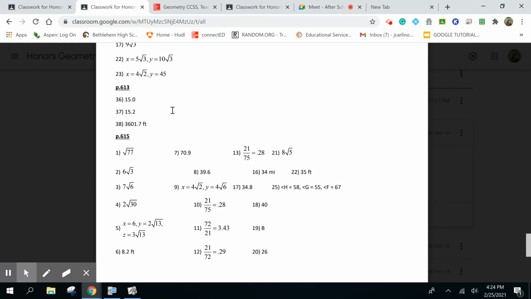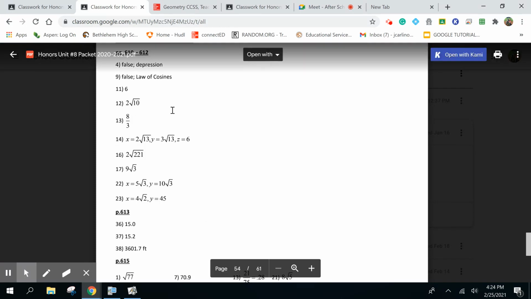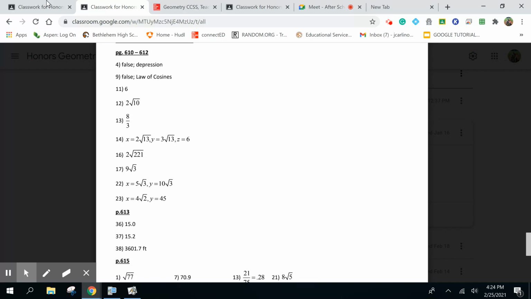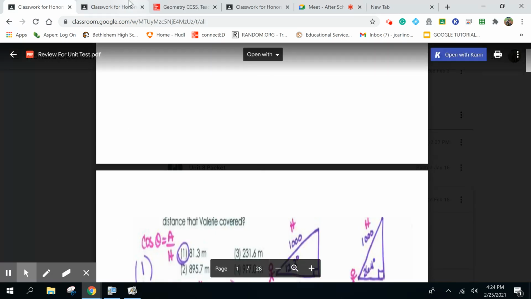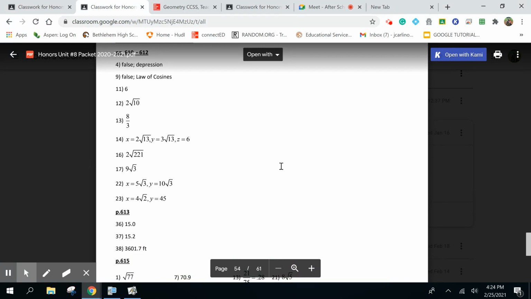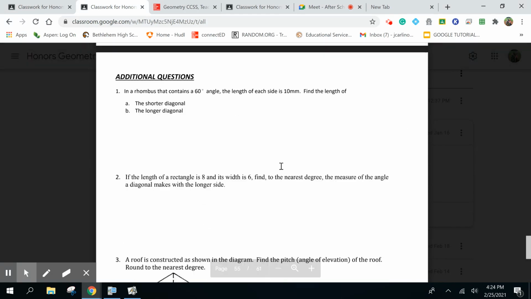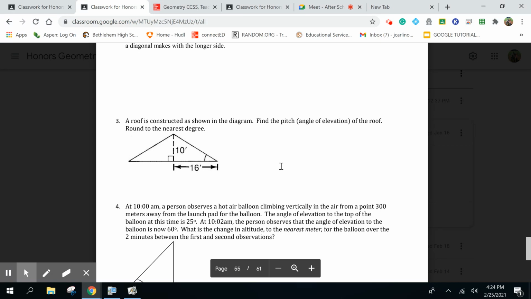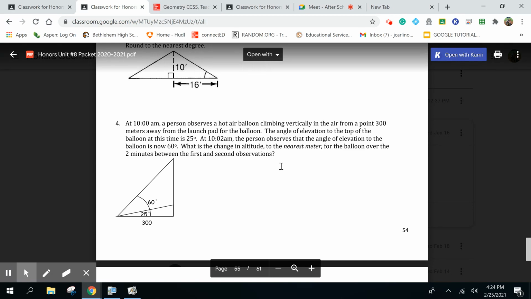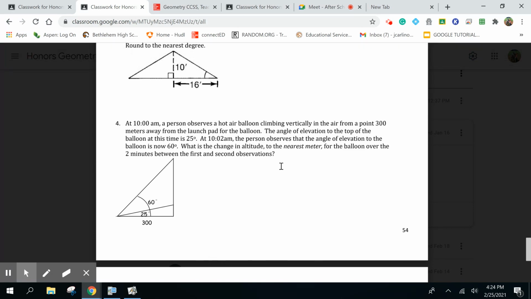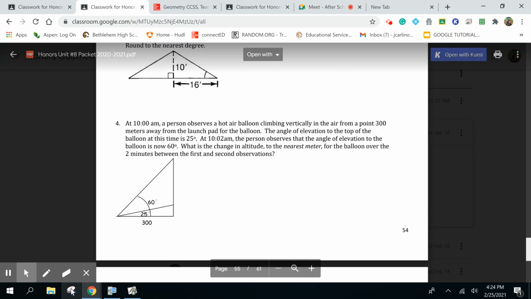Can we do something with angle of elevation or depression? Elevation or depression, sure. Let me first start with the packet work. All right, I'm in the packet right now, page 54, number 4.